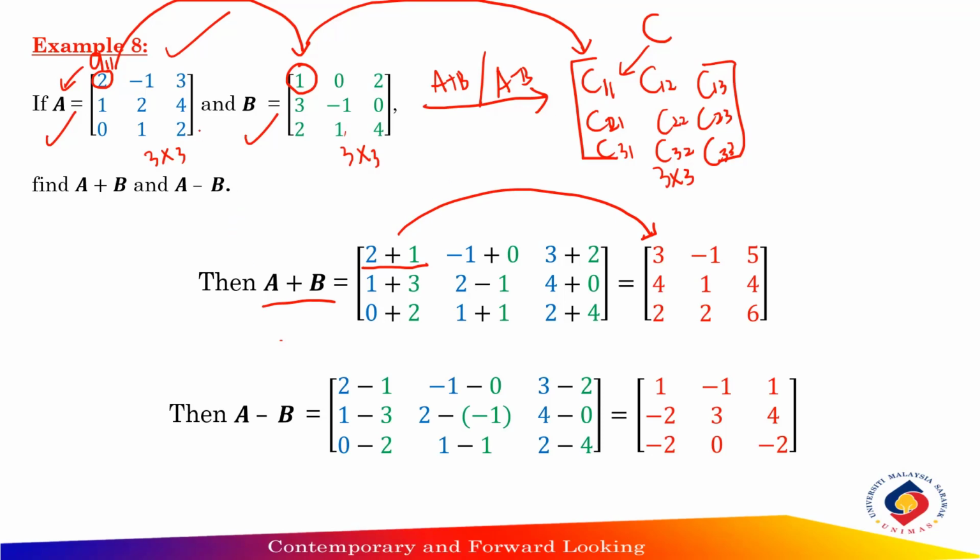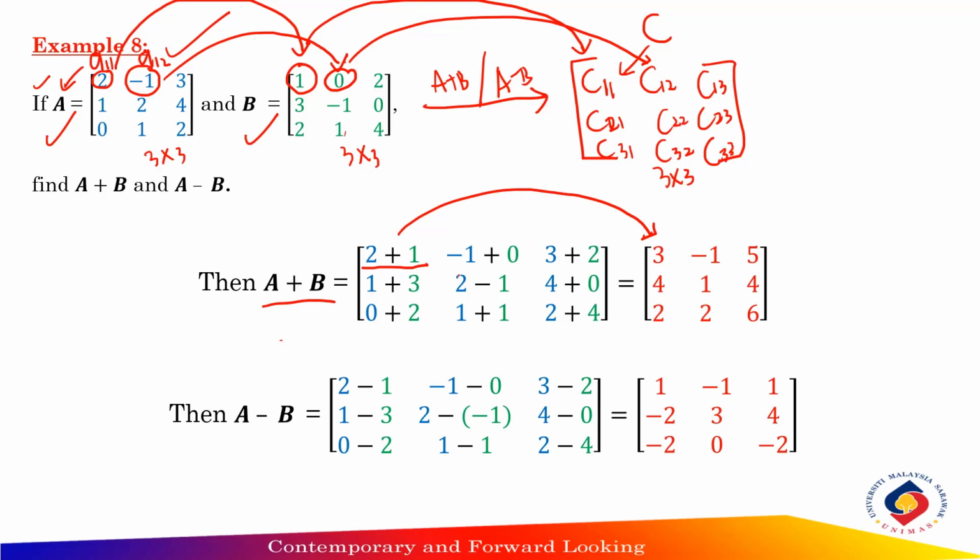And then we can repeat the same process at the next element, at row 1, column 2 of matrix A, which is -1, and it can be added to the element at the same position of matrix B, which is 0. And then the outcome of this addition is an element of row 1, column 2 as well.